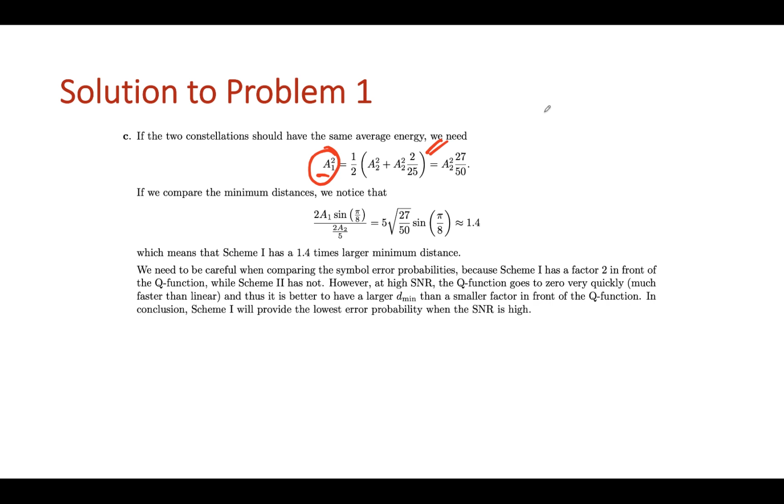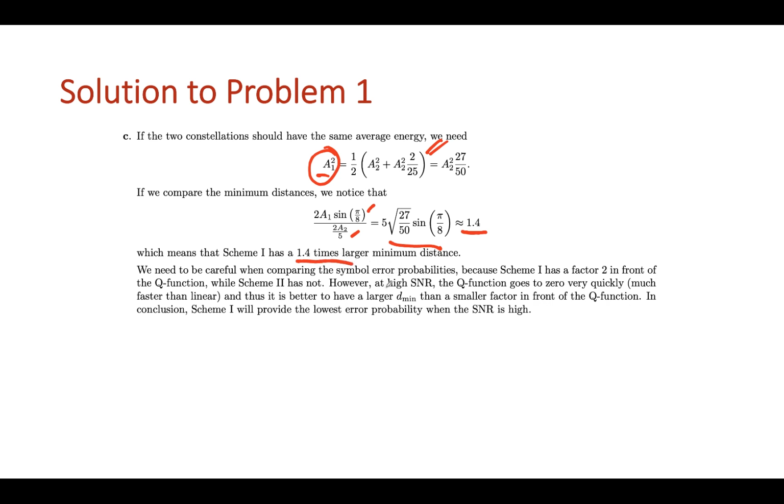To compare the probabilities of error, all you need is to check how the minimum distances compare, because that makes the probability of error large or small. So you take a ratio of the minimum distances, using the relationship between A1 and A2 that makes the energies equal, and you can say that this ratio is 1.4. This means that scheme 1 has 1.4 times larger minimum distance.